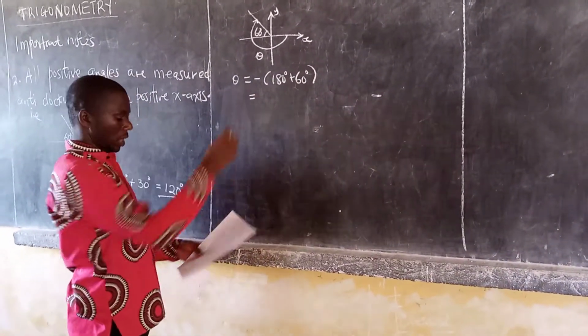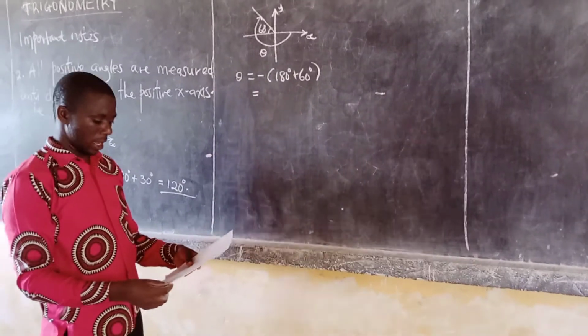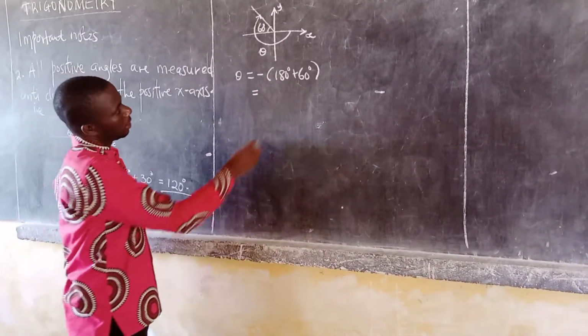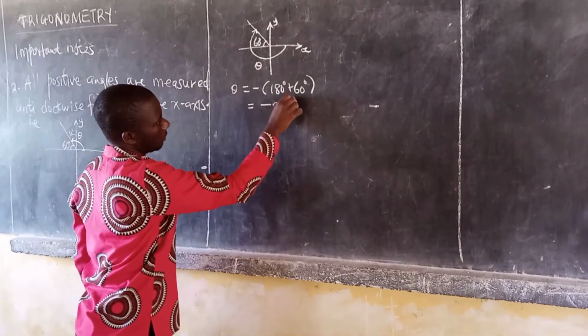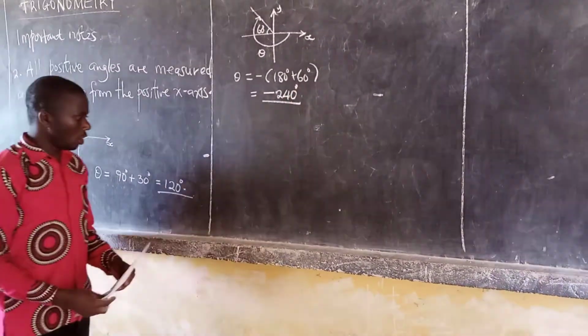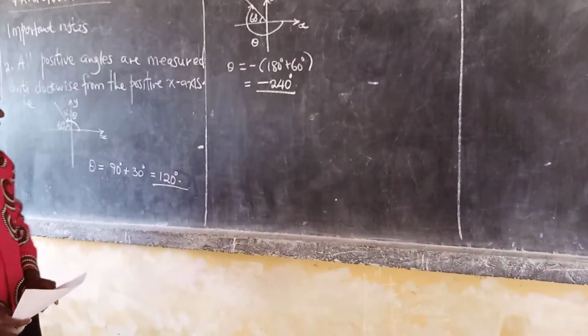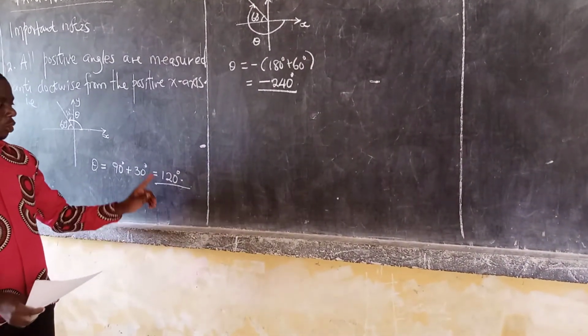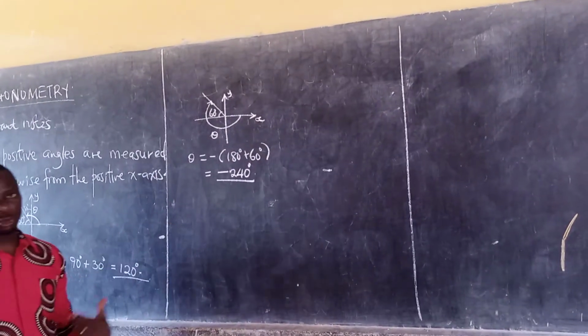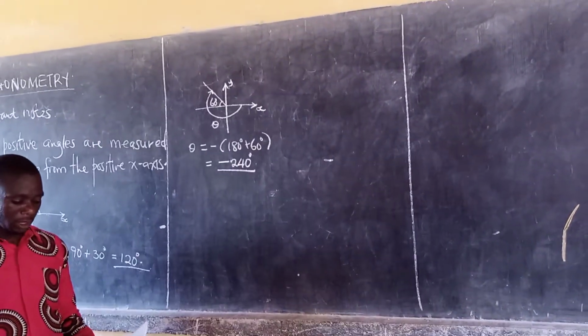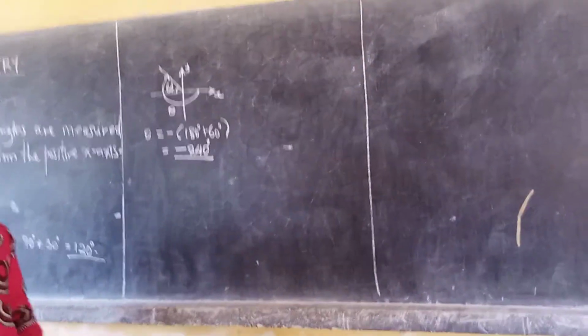When you add 180 and 60, it gives you 240, but negative. So the angle negative 240 is equivalent to the angle 120 degrees, and we shall be able to convince ourselves about that in the subsequent exercise.